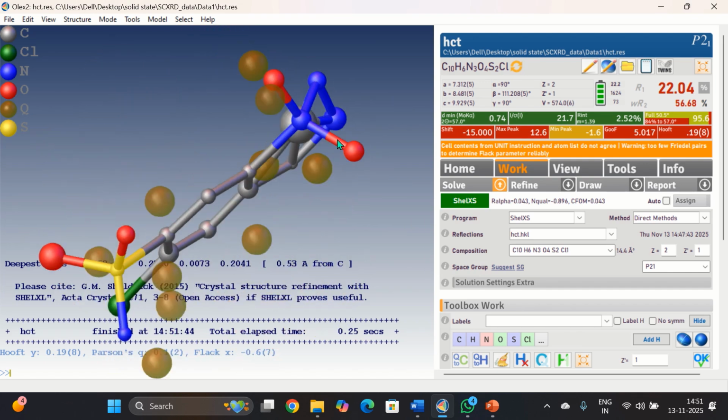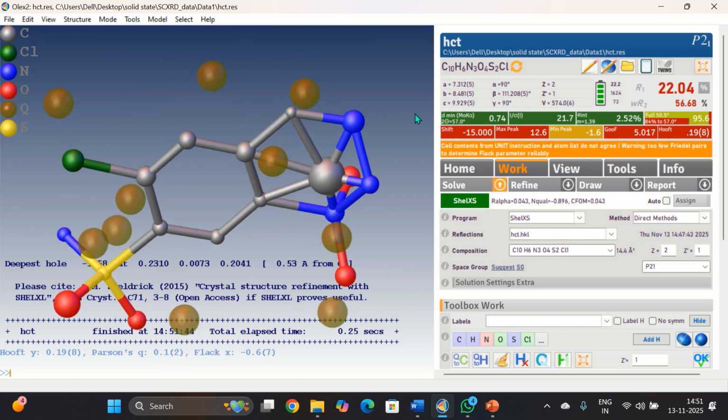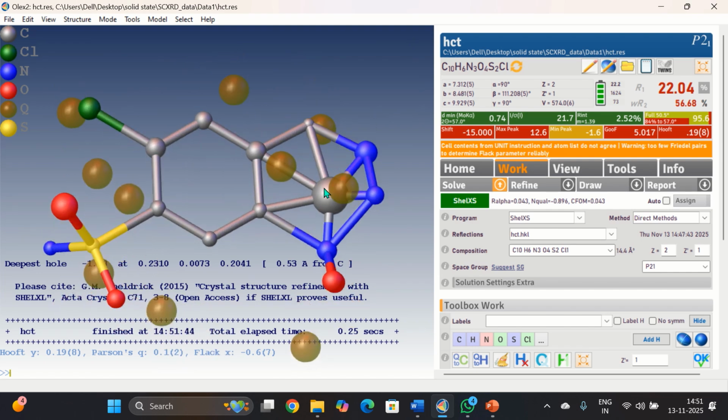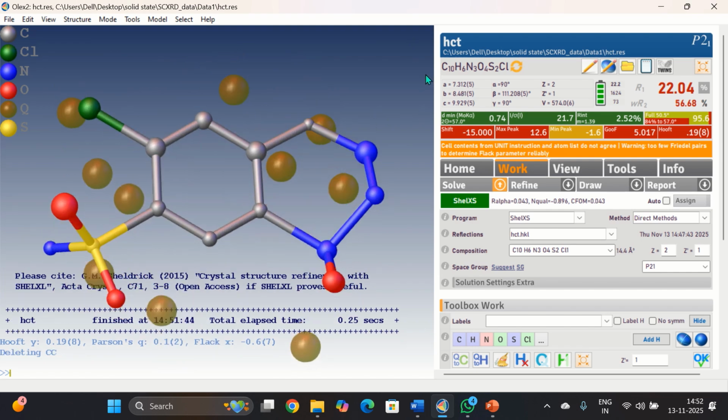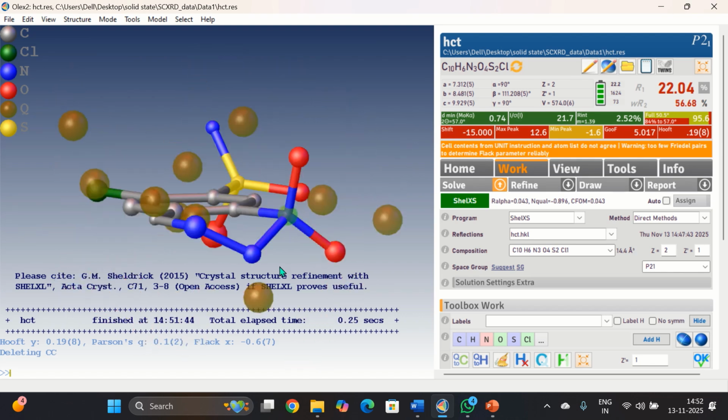So it is not quite the right structure, so we'll start to refine it.